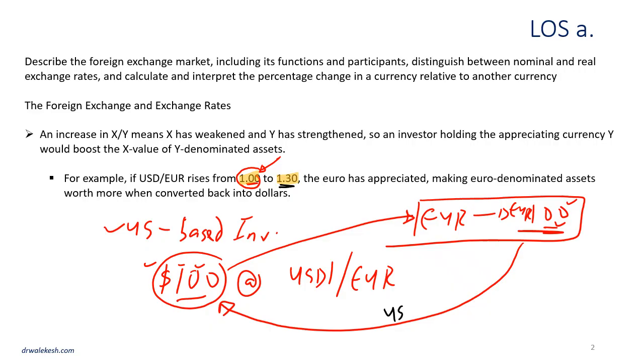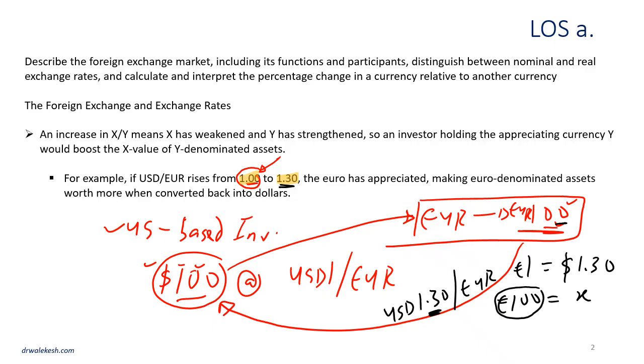That's 1.3 US dollar per euro. So that implies that 1 euro is equal to 1.3 US dollars. So 100 euros will be equal to X. So in US dollars, your 100 euros will now be worth 130 US dollars.